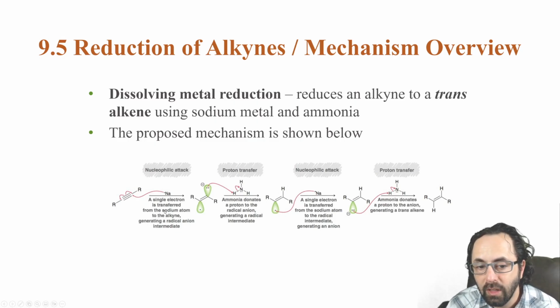And so the first step in this mechanism is that the sodium atom provides one electron to a carbon, and then one electron comes from one of the pi bonds in the triple bond. The other electron goes on the neighboring carbon, and then we have 2 electrons in one hybridized orbital, and we have 1 electron here.